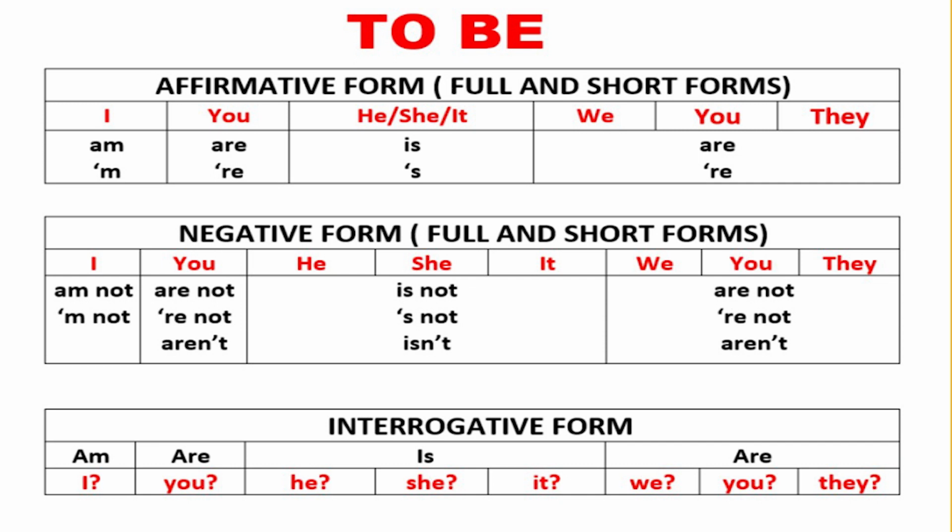On the other hand, in case of third person singular number, for example, he, she, it, or any other singular noun, we use the form is. On the other hand, if it is third person plural number, then we use are. Now let's look at the structure of simple present tense in negative form.